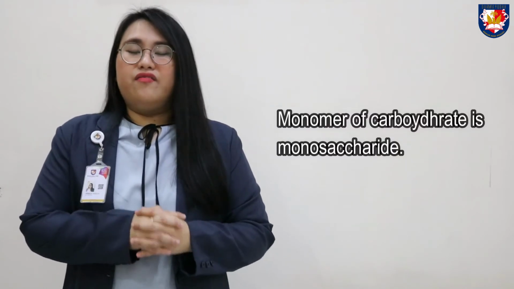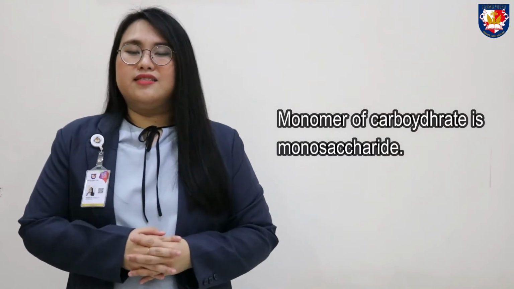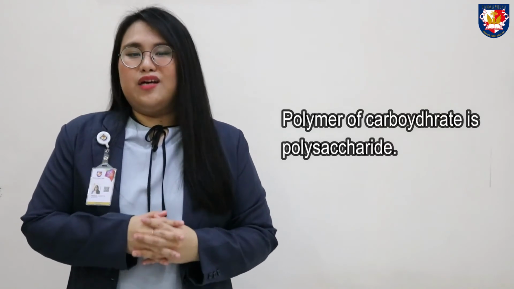Since carbohydrate is a macromolecule, it is also a polymer, so it is composed of numerous monomers. The monomers of the carbohydrate we call monosaccharides, while the polymers of the carbohydrate we call polysaccharides.